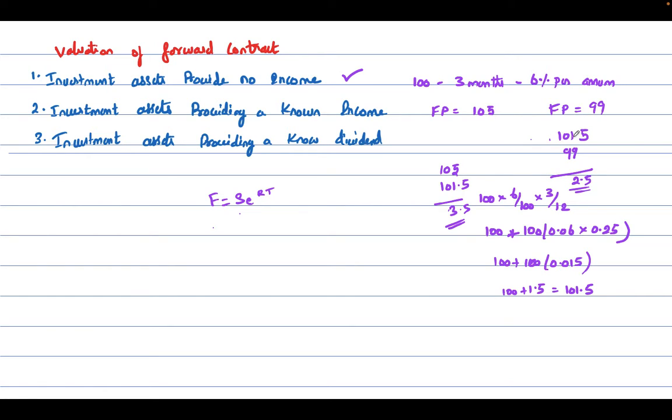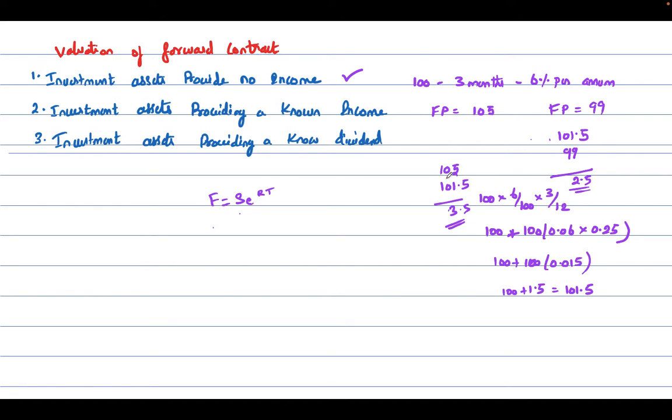So what we do, we are going for a long position. We are short selling our share and we are investing it and we are getting a return out of it. That return is 101.5, and after 3 months we are purchasing the share again, which has got the price reduced, that is 99 rupees. So we are making a profit of 2.5.